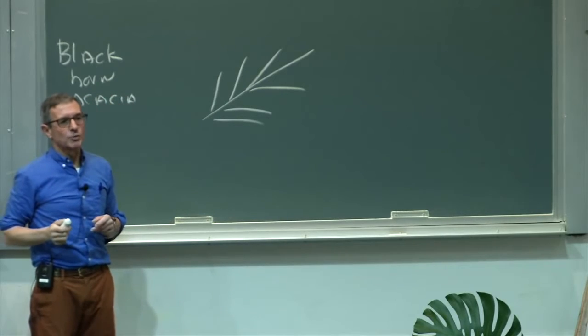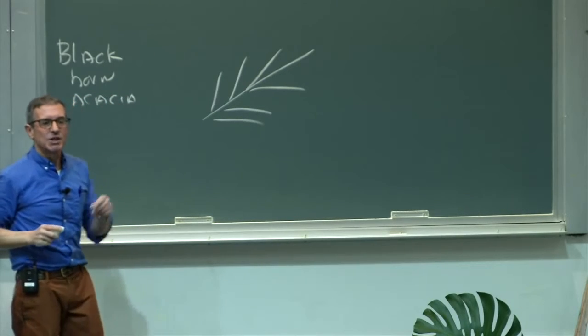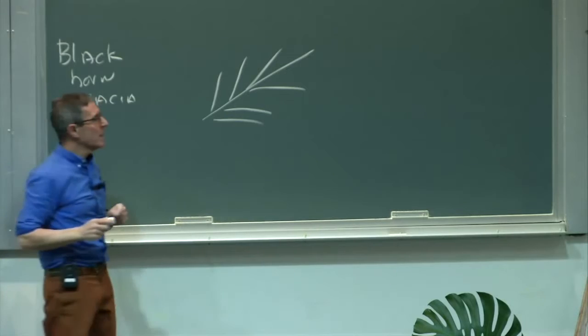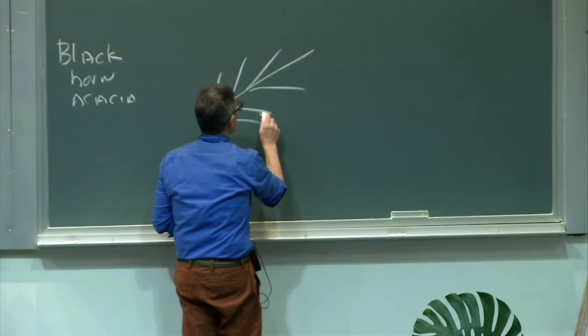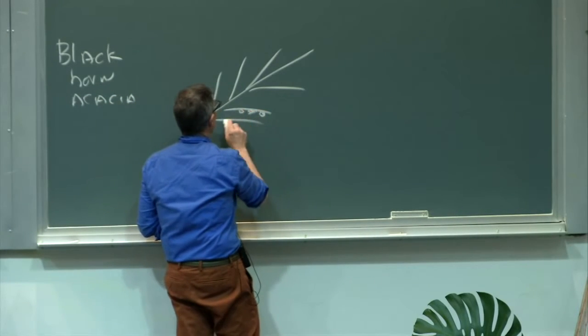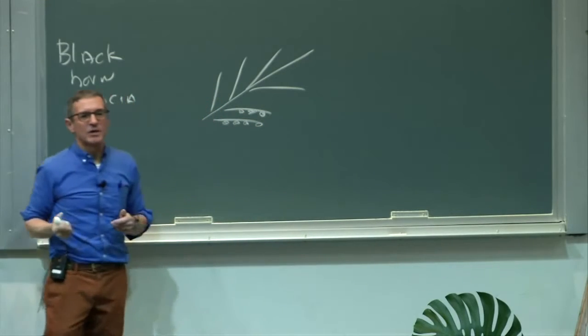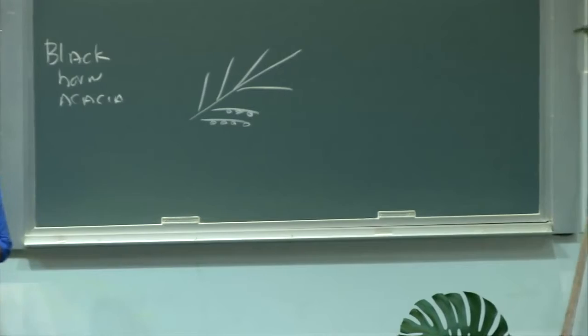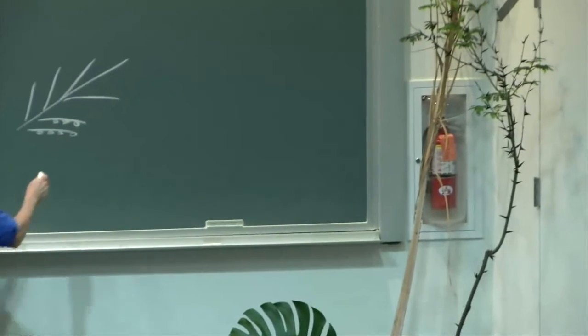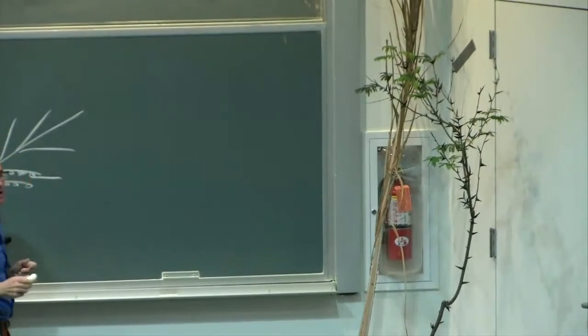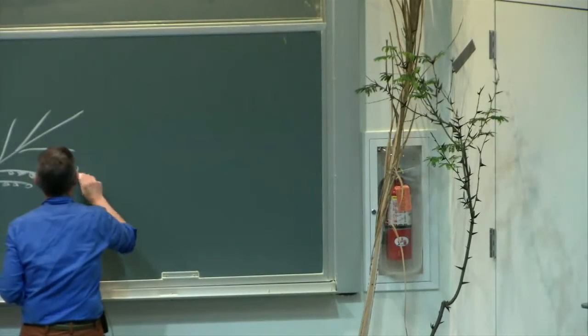But what I want to draw your attention to is at the edge of each of the teeny leaflets which make up this big leaf, there are these kind of golden bodies, which are about 0.5 millimeter or less in size. These golden bodies are called Beltian bodies, after the man who discovered them.